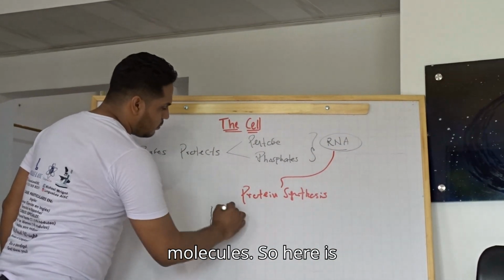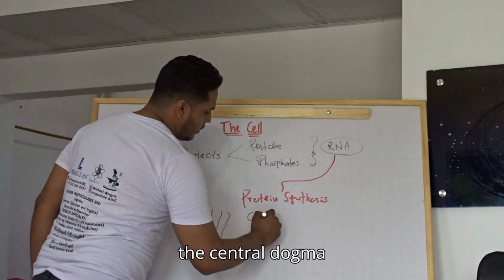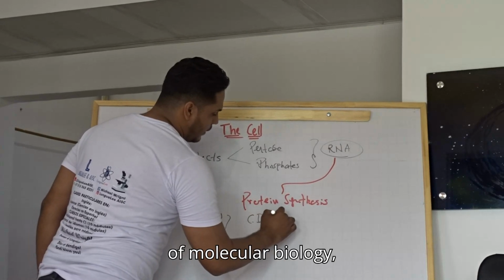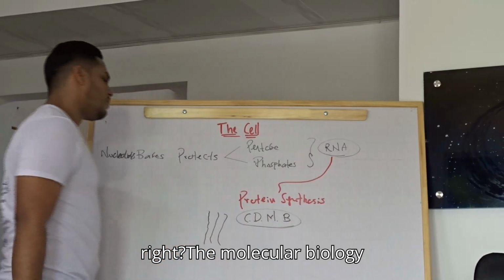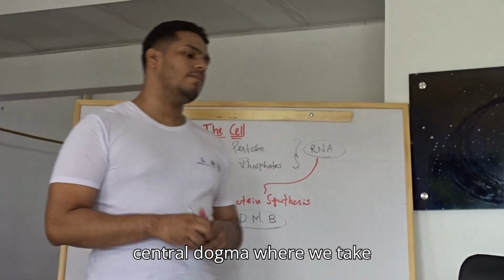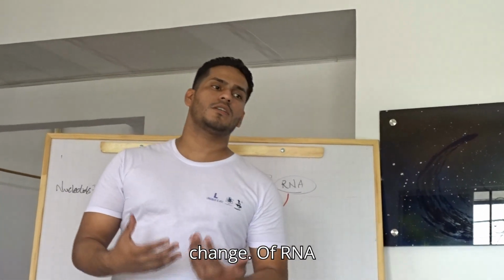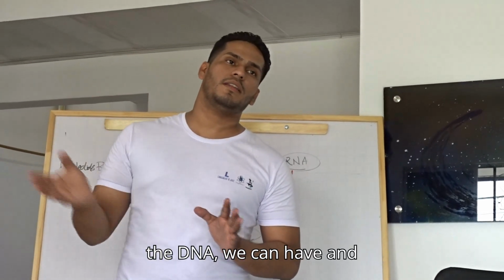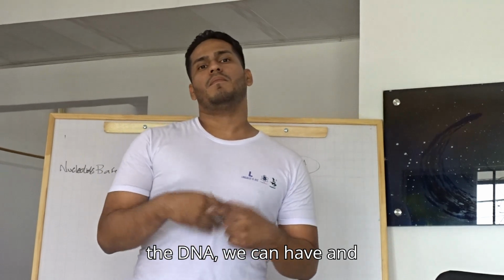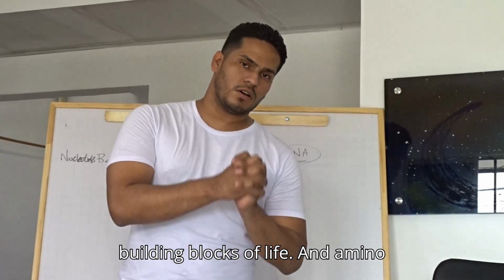Here is where we have the central dogma of molecular biology, where we take this simpler chain of RNA, simpler than those that appear in DNA, and obtain amino acids, the building blocks of life.